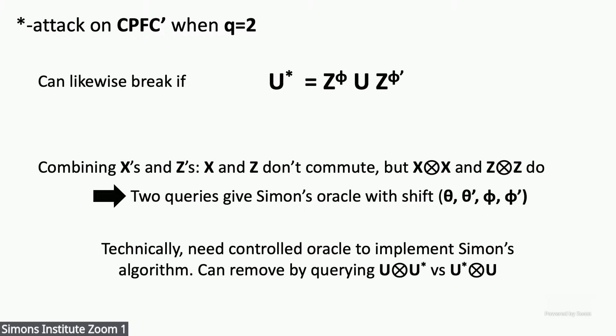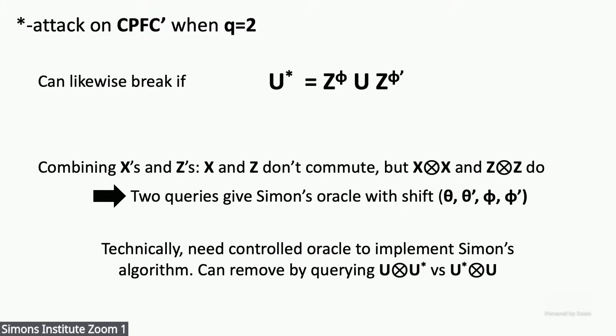And there's also, technically we need a controlled access to U and U star to implement Simon's. That's not a big limitation. One of my points here was to say you need controlled, but technically the indifferentiability theorem doesn't give you controlled. But you can actually get around this by using some more tricks.